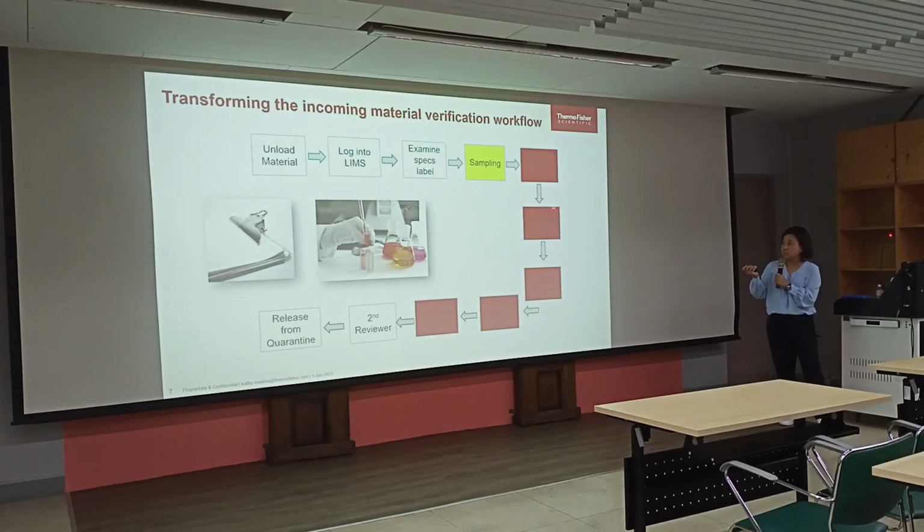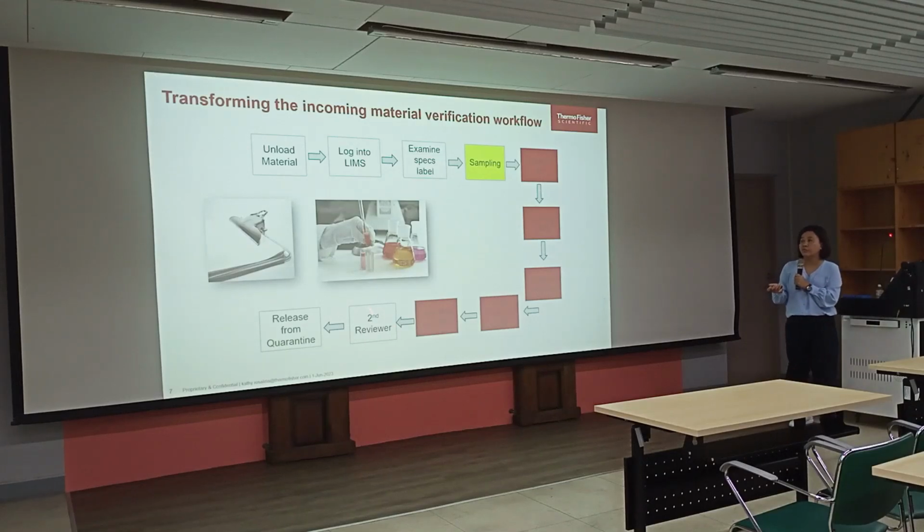Then once they receive, they will have to log to the system again, assign someone to perform the analysis. So it will depend on your raw material. It can go for wet chemistry or FTIR test. So once the test is done, then you will log to the system and get the approval from the second reviewer.